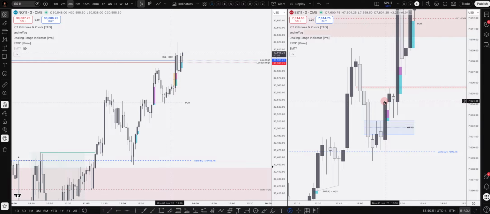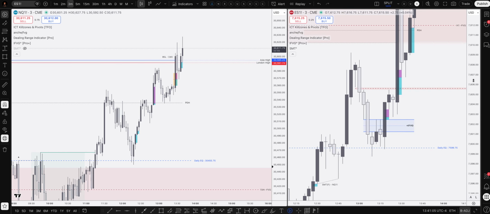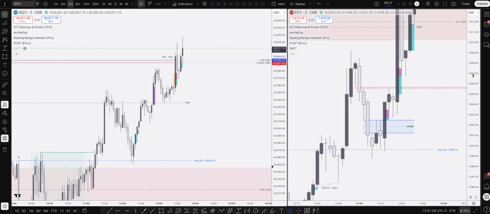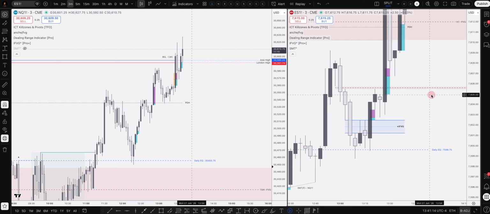But this is a good example of independent thinking, the definition of risk management, and how it looks from one trader to the next. It's not always going to be the same. But I think it's good to understand concepts and then apply them in a way that makes sense to you. So for example, in this situation with ES, when price runs into trouble, like a SIBI or a BISI, he'll move his stop loss to break even, and that's a risk management strategy.